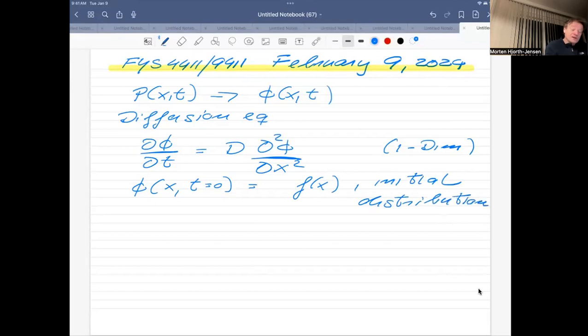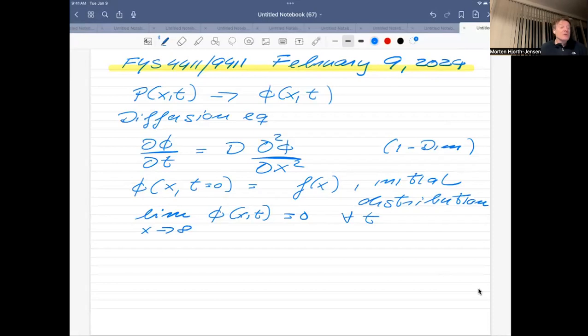These are the initial conditions. And then we have typically a boundary condition where, in the limit where x goes to infinity, this function approaches 0. And this is going to be valid for all times.